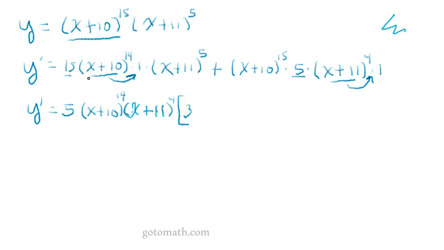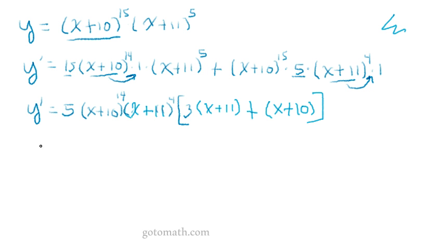We pulled out the x plus 10 to the 14th completely, but we are left with an x plus 11. I pulled 4 of them out, there's 5 there, so there's 1 left. Plus, we pulled the 5 completely out, and what about the x plus 10 to the 15th? Well, we pulled 14 of them out, so we're left with only 1, x plus 10. And of course we pulled that 5 out.